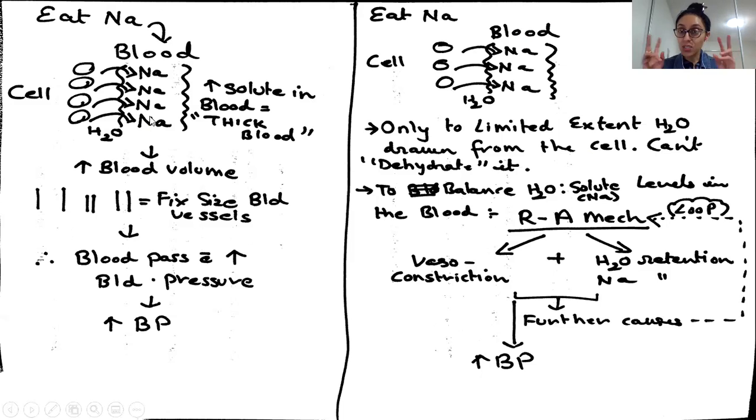In old terms our grandmas used to say you have thick blood, meaning you have high blood pressure. That thick blood is indicating a high solute concentration in your blood, which is sodium, because you have eaten so many chips and crisps, biscuits and confectionery items. So now you have a lot of sodium in your blood.